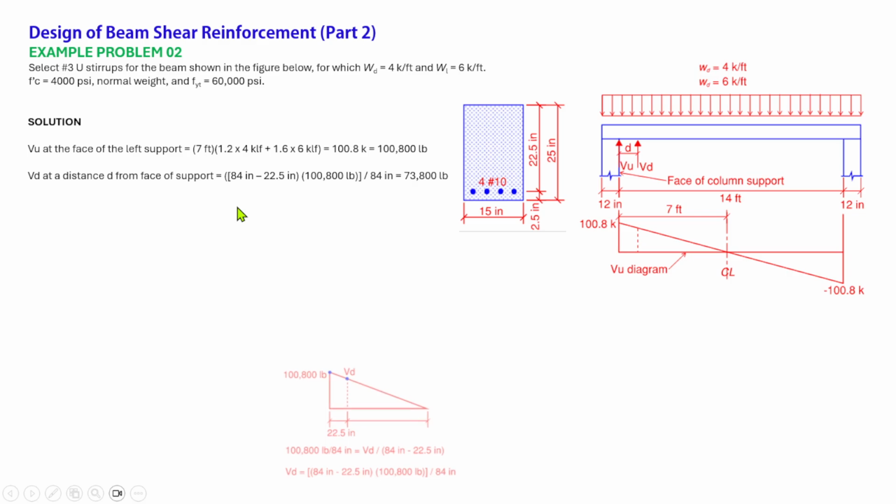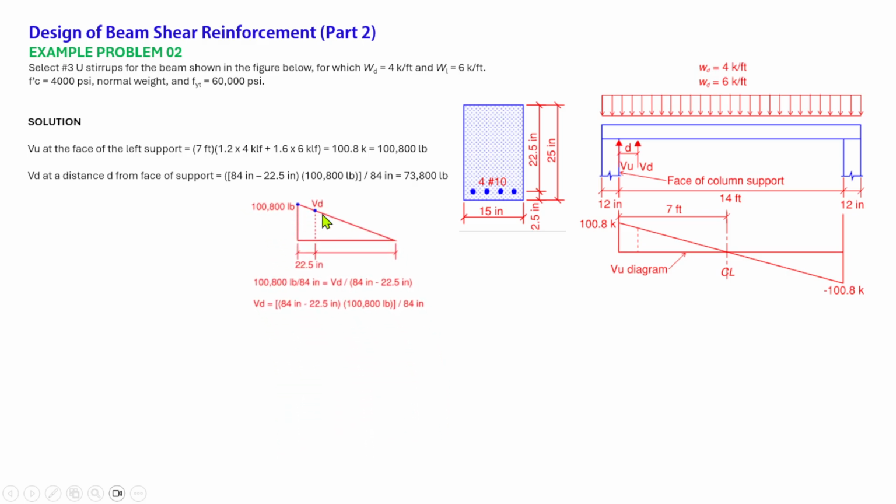If we determine Vd by ratio and proportion, this one here, we just extracted it from here. So that is 100,800 pounds is to 84 inches, that is 7 feet, this is in inches, 84 inches, equal to Vd is to 84 inches minus 22.5 inches. So this is how we come up with this expression, this equation.